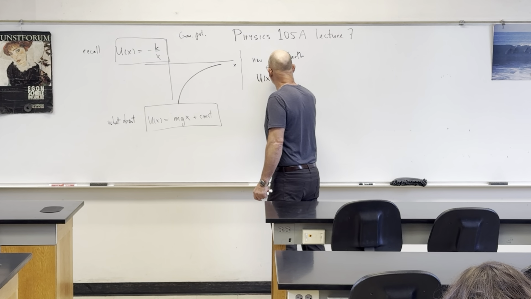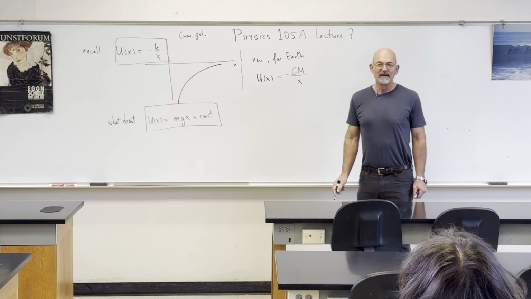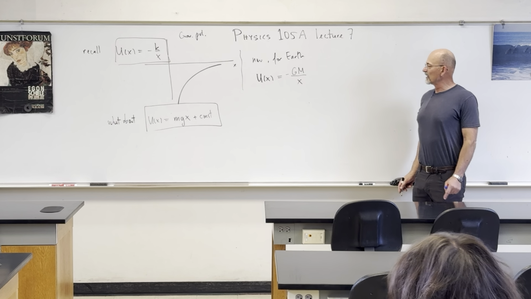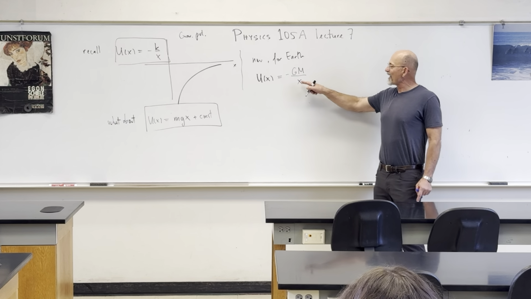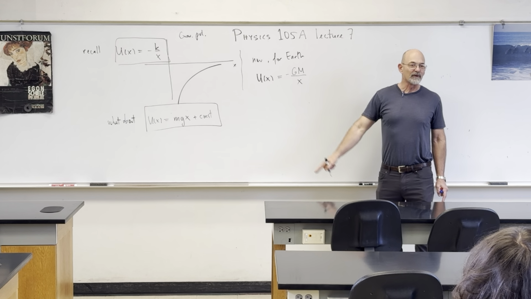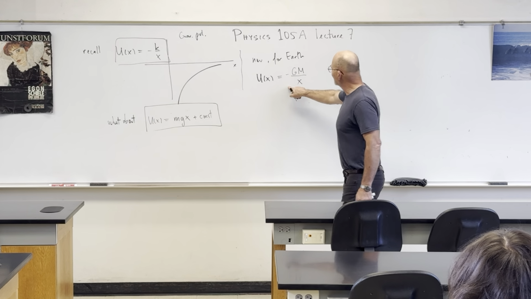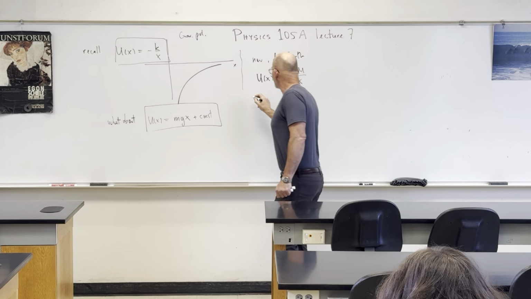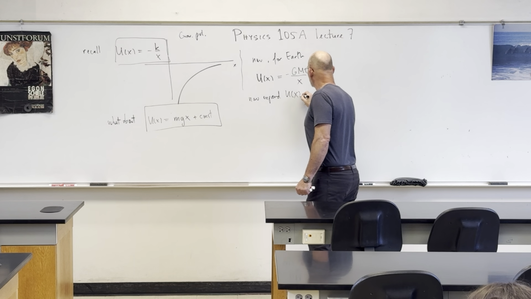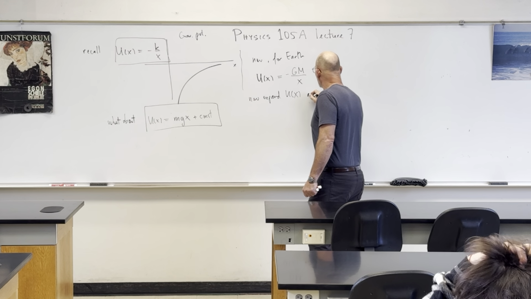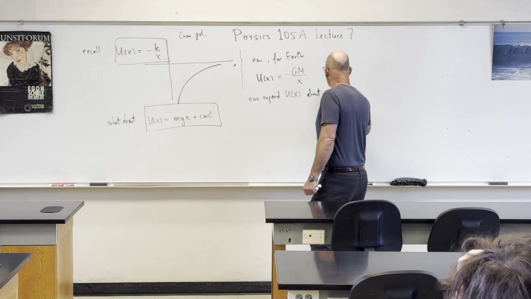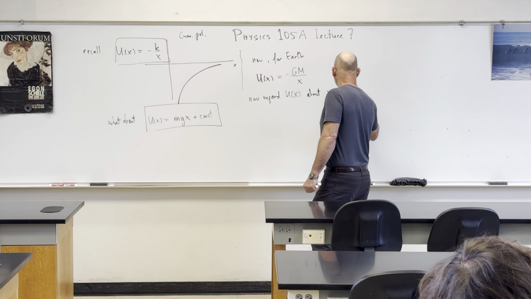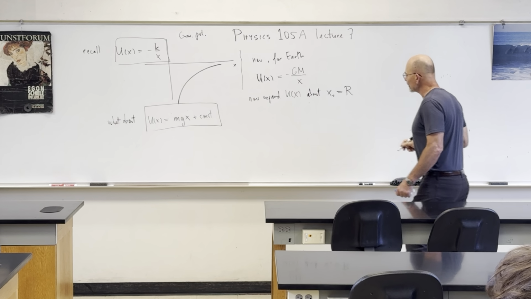And what we're going to do is expand this in a Taylor expansion. In fact, if you're in math methods, we've actually done this as a homework problem. But let's just go ahead and write this out carefully. So now expand u of x about x naught, which is going to be the radius of Earth.